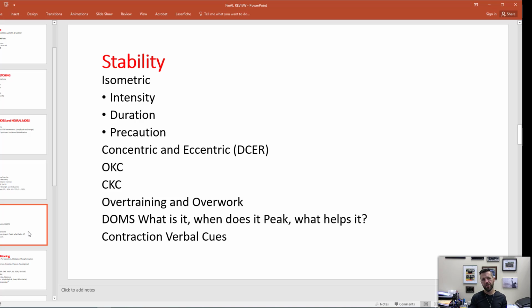What do we have on open kinetic and closed kinetic chain exercises? One of the things that really comes to mind is: is it a fixed segment or a free segment? And honestly, that is one of the best ways I can tell you to look at this. I don't want you to think that we're going to debate and ask you questions over whether a pull-up is an open or a closed kinetic chain.